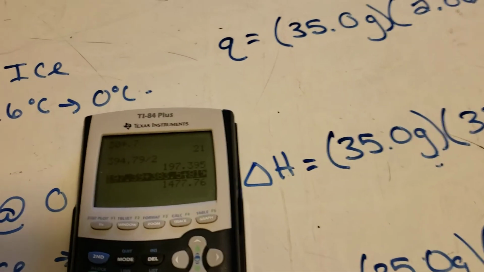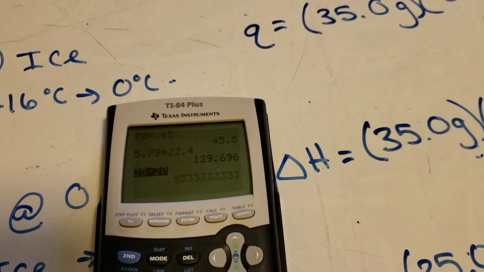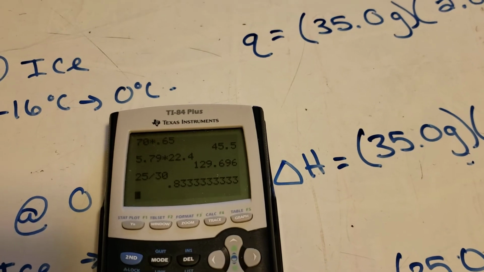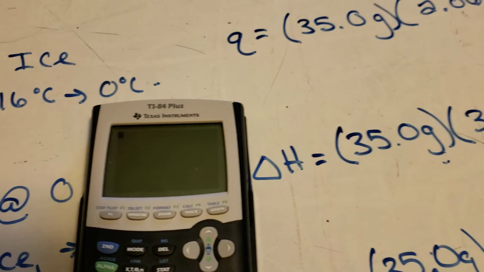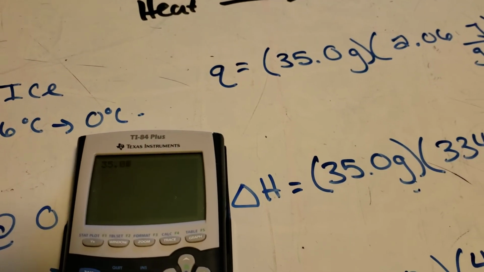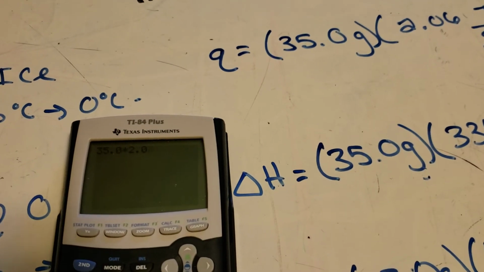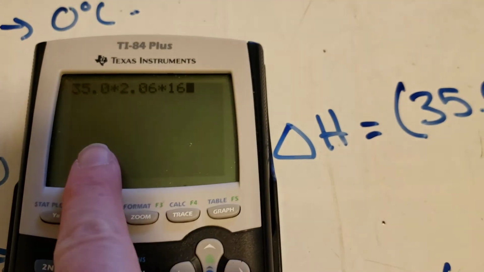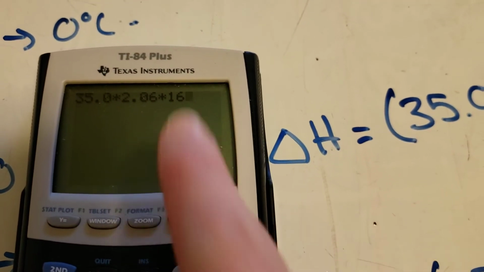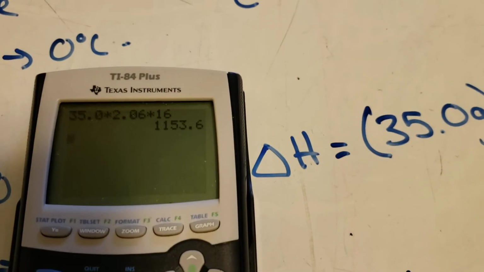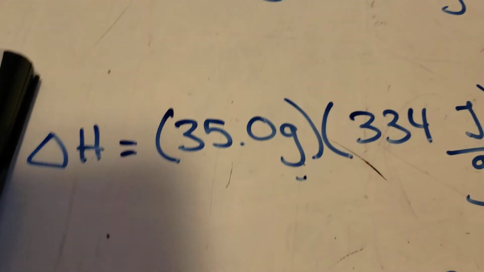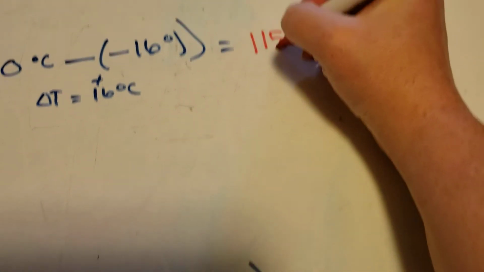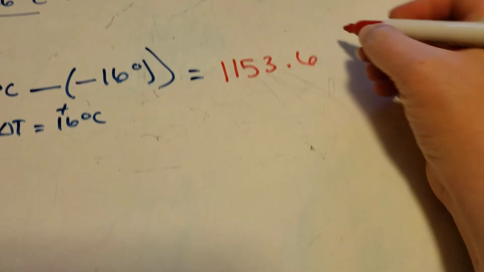All right, so number 1. 35.0 times 2.06 times 16, that's my mass, my specific heat, and then my delta T of my ice. I get 1,153.6 joules.